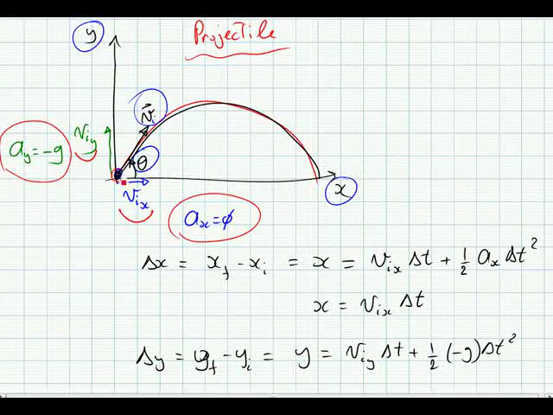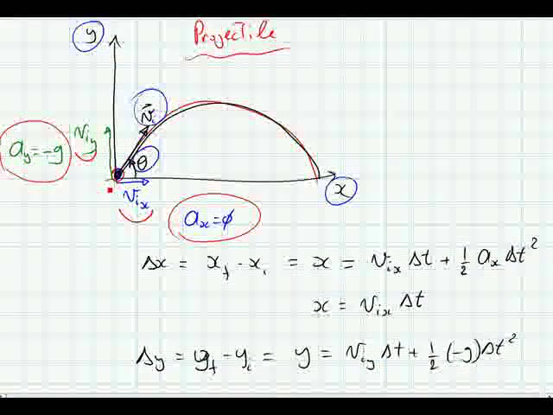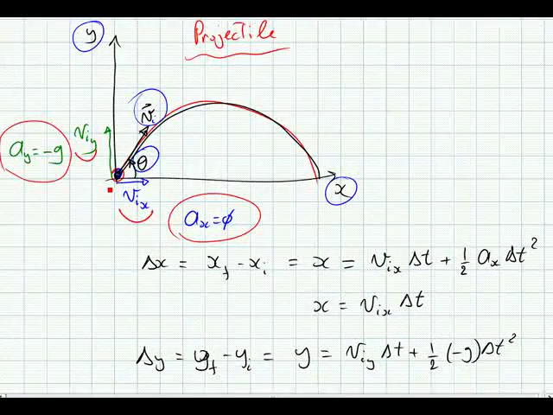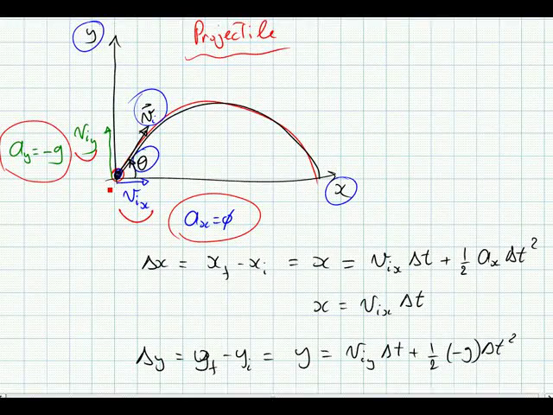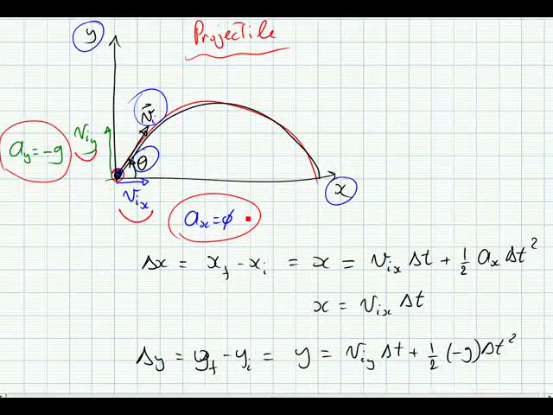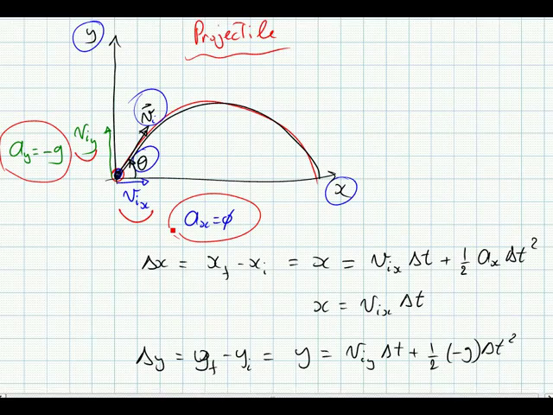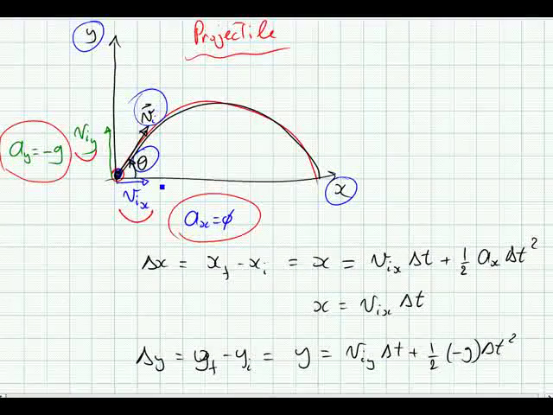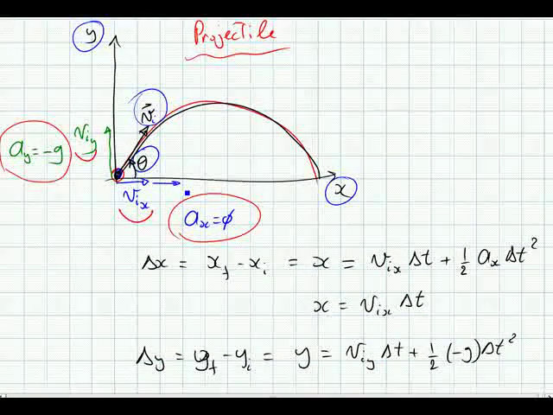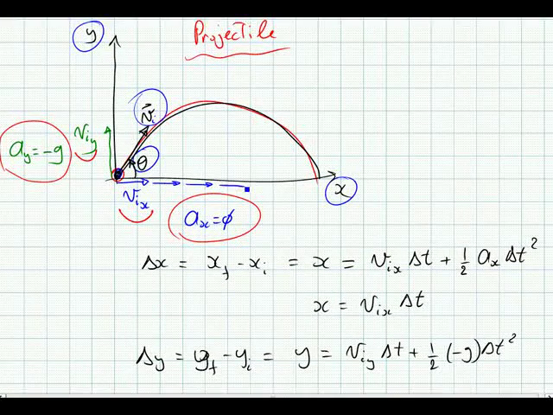So here we have an object which is launched with velocity v_i at an angle theta with respect to the horizontal axis. It follows a parabolic trajectory where the acceleration along the x-axis is 0 and along the y-axis is minus g. The fact that the acceleration along the x-axis is 0 means that at any time the velocity along the x-axis remains constant.